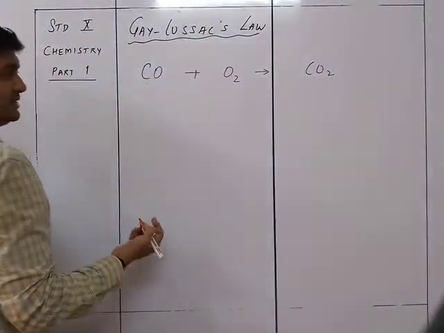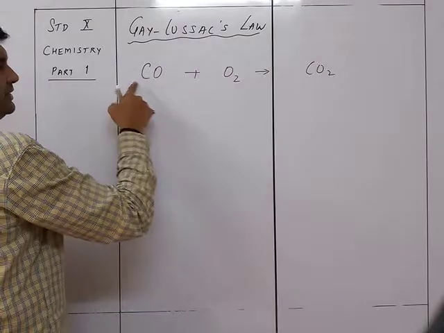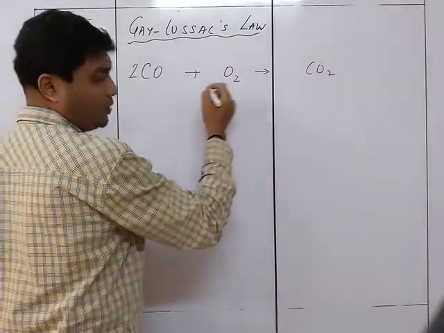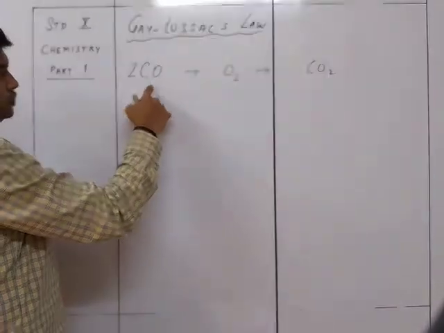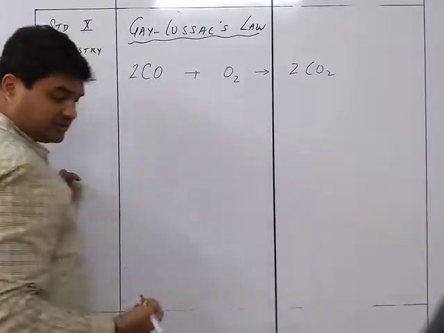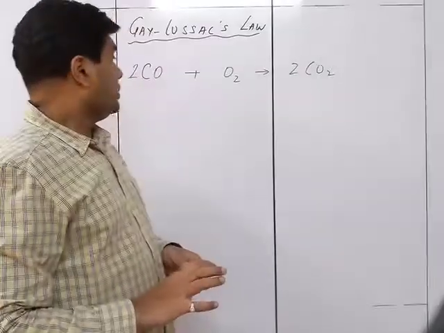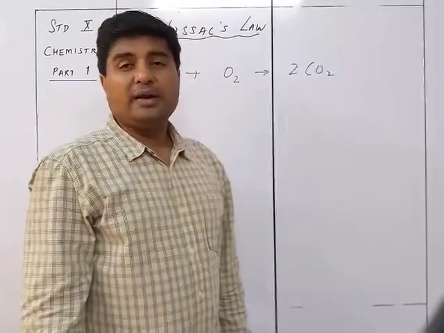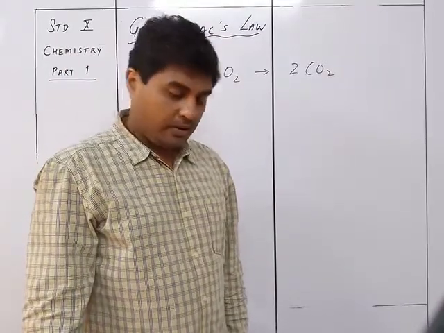Now we need to balance this. So 2CO plus O2 gives me 2CO2. This is the required equation.